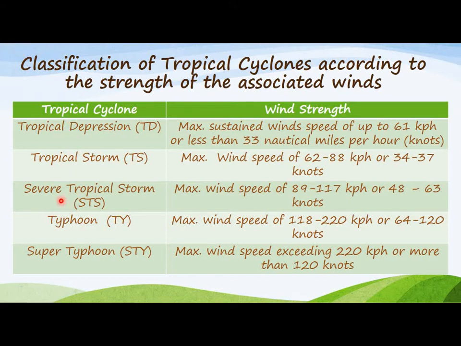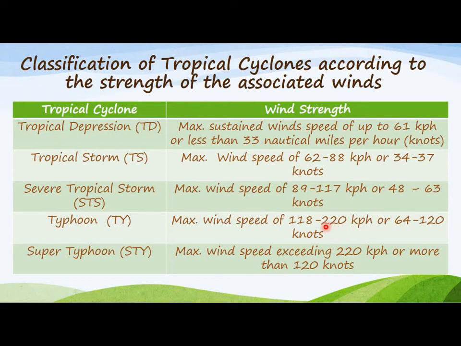And then we have severe tropical storm. Maximum wind speed is 89 to 117 km per hour. And then of course we have the typhoon. Its maximum wind speed is 118 to 220 km per hour.